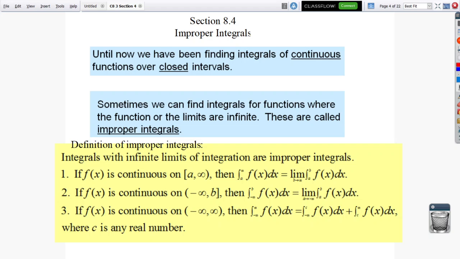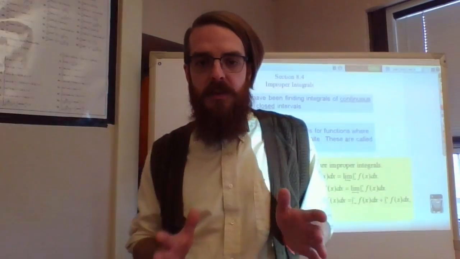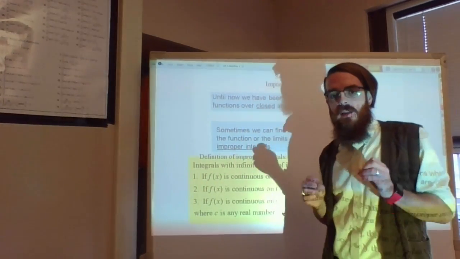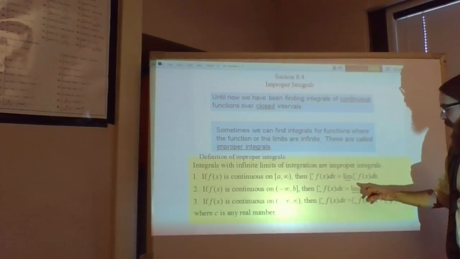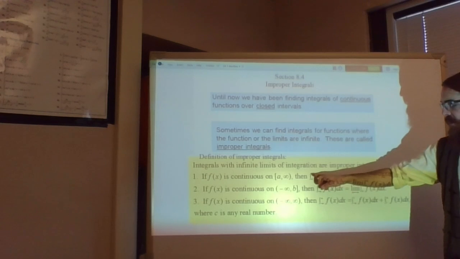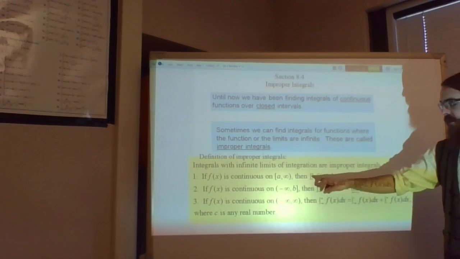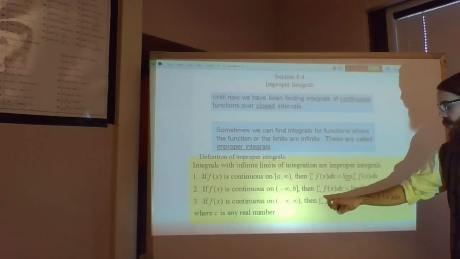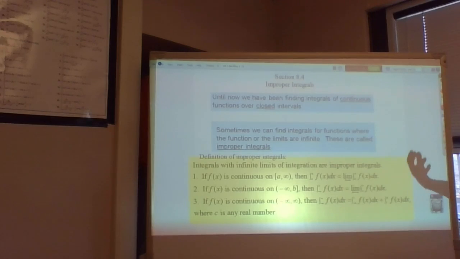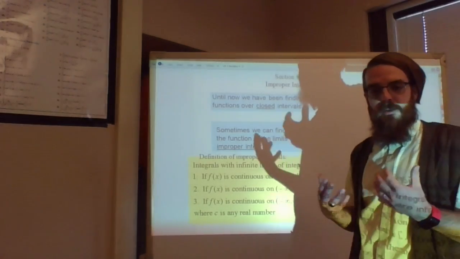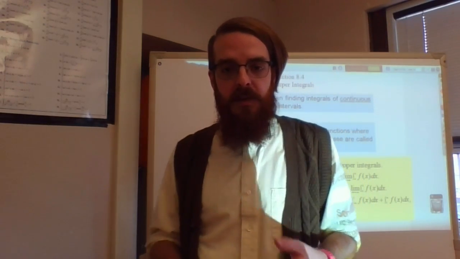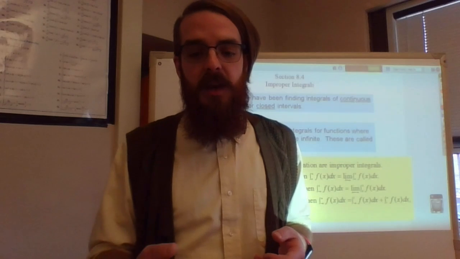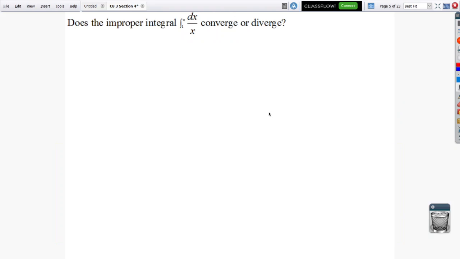Basically, what all of this says, and I know there's a lot of words there, is if you have an integral that involves infinity as either the upper limit, the lower limit, or both, you need to rewrite the integral as a limit because we can't actually plug in infinity. We need to think of it as a limit.